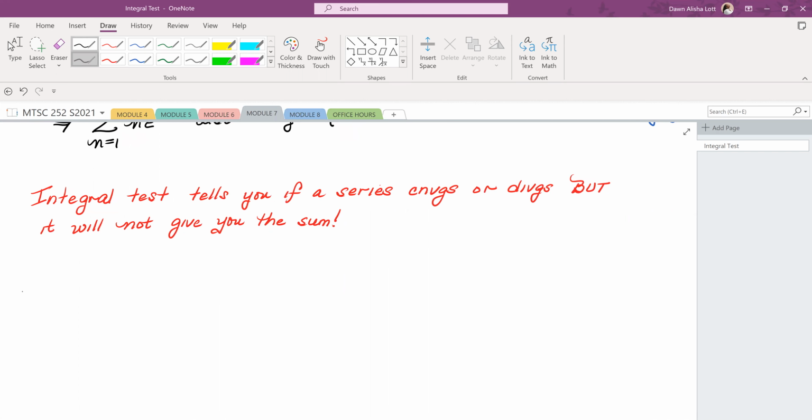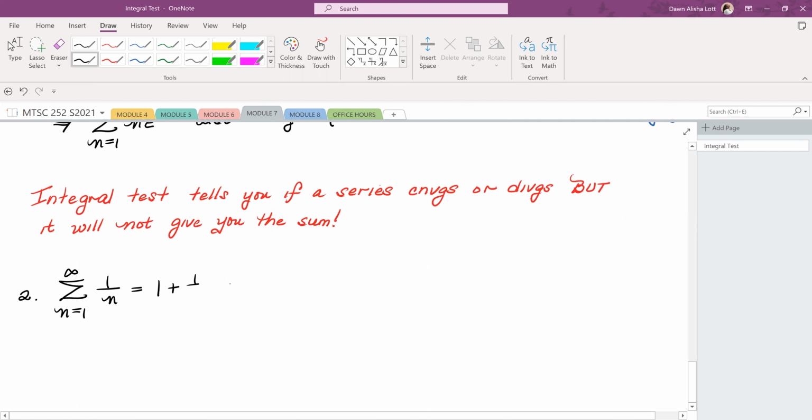Another example. The sum n equals 1 to infinity of 1 over n is 1 plus 1/2 plus 1/3 plus 1/4 plus 1/5 plus dot, dot, dot plus 1 over n plus dot, dot, dot.